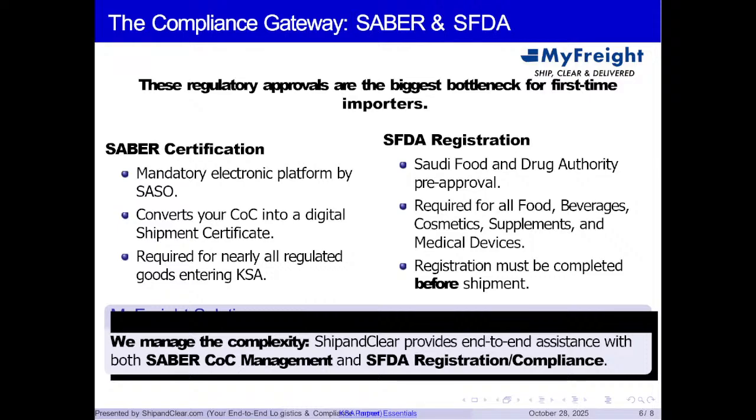If you are confused, Saber is required for machinery. Similarly, SFDA is required for food items like beverages, cosmetics, supplements, medical devices, medical drugs, anything you are importing to Saudi Arabia related to food. So SFDA approval is a must for those items, and there are complete detailed steps for SFDA registration, which I'll cover in another presentation very soon, inshallah.